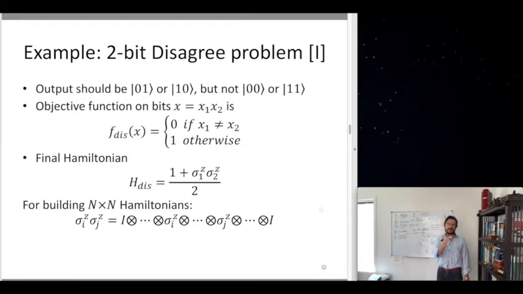So the final Hamiltonian, so remember the Z matrices that we just had a look at before, is given by the disagree or final, how do you call it, 1 plus Z of the first one times Z of the second one over 2. For building n times m Hamiltonians, that generalizes, of course, with a tensor product again.